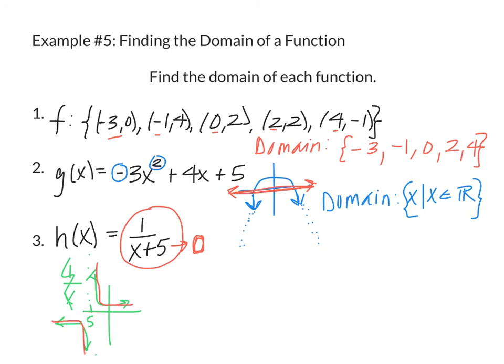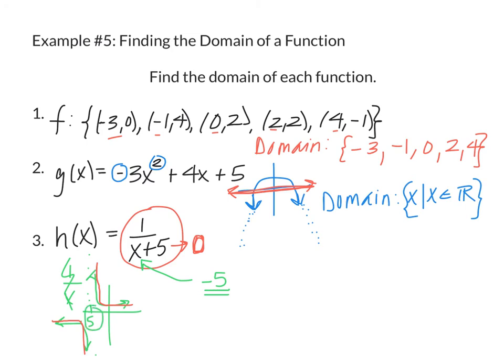What would make the denominator equal to 0 is if this x value ever happened to be -5. Why? Because -5 plus 5 would be 0, and that would cause the function to be undefined in this area, which is what we just stated by looking at the graph here.